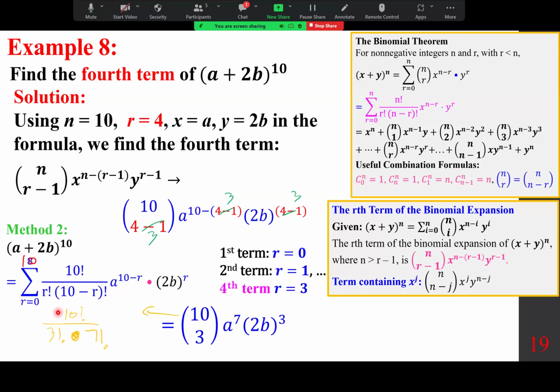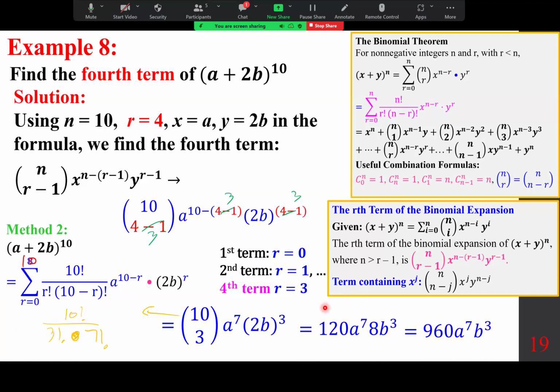You choose this one: 10 times 9 times 8 times 7 factorial. Then you do the math here and you end up with 120 a to the power of 7. This is 8b cubed, and we get 120 times 8, 960, a to the power of 7, b cubed.